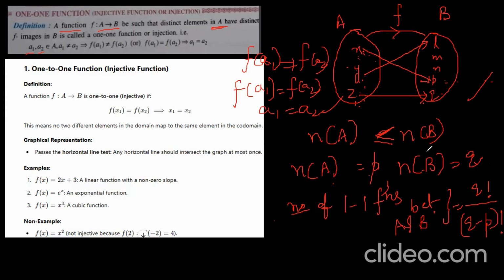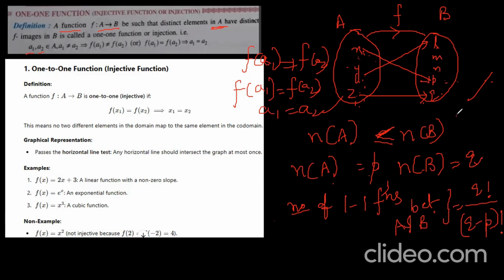What is that? Q factorial by Q minus P factorial. Okay. How many one-to-one functions here? You take for this example. Here P is 3. N of B is Q, no? 1, 2, 3, 4, 5.